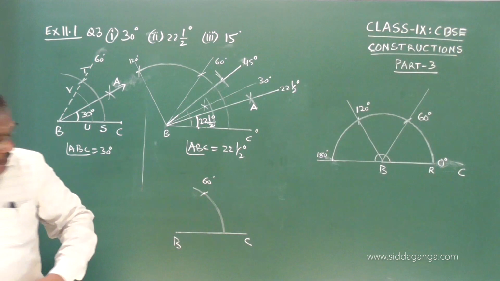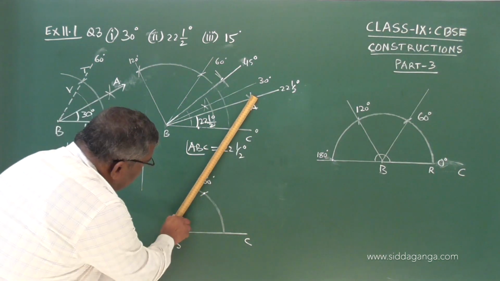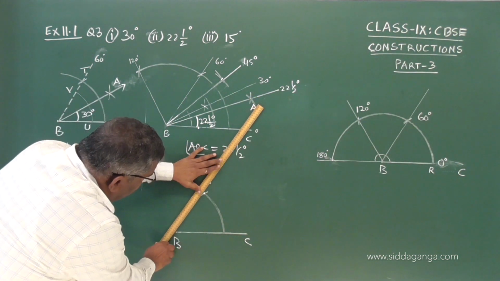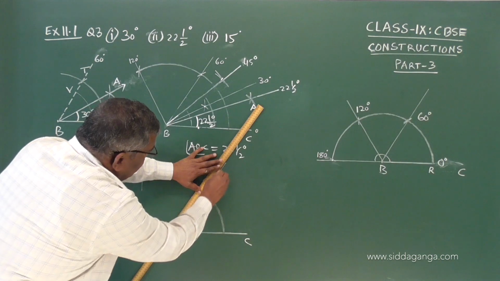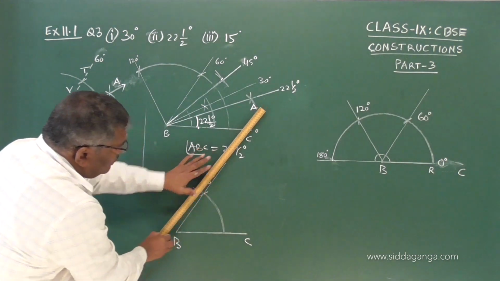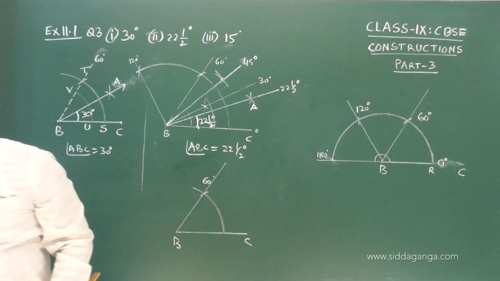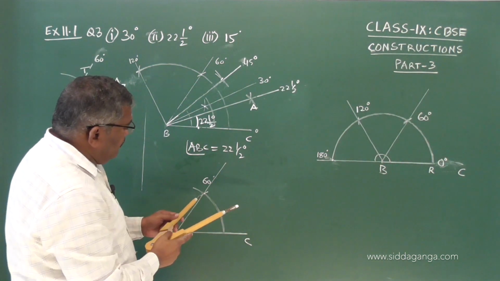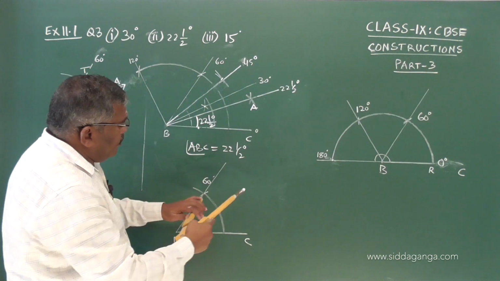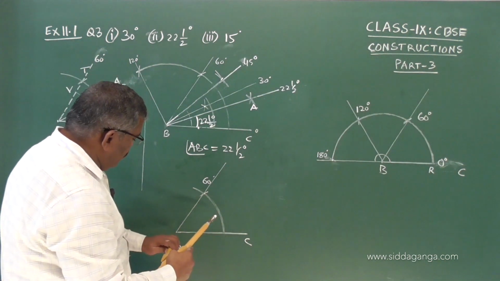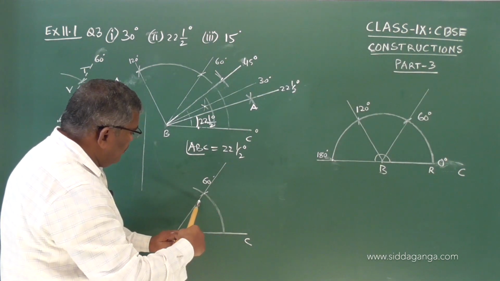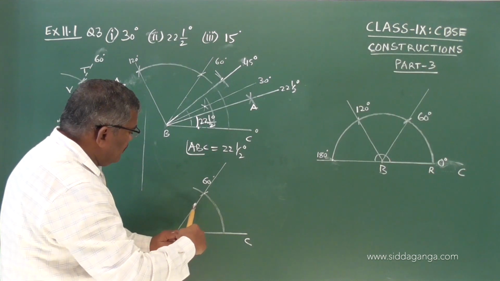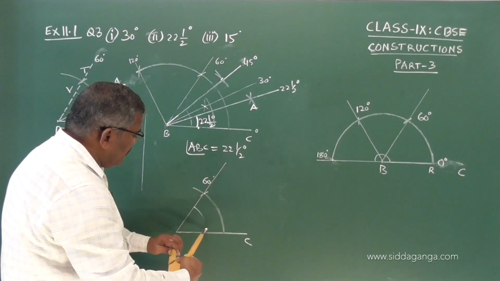Now, you join this. So, this is 60 degree. Now, you divide this again. If it is convenient, if you have paper, you can use this point also. From here, you take some small radius.